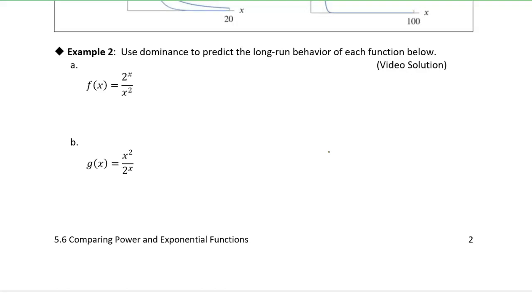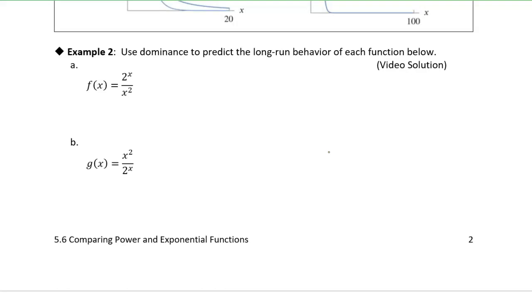But we're just going to use what we know about the way exponentials and power functions compare to look at these functions, which are ratios of two functions, not necessarily rational functions because they're not two polynomials. We're going to look at this ratio and predict the long run behavior of these functions.